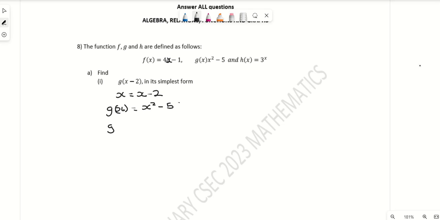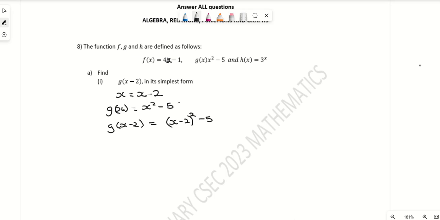So g of x minus 2 is equal to, instead of x squared, we're going to put x minus 2. I'm putting brackets because we have to square this entire thing, all squared minus 5.